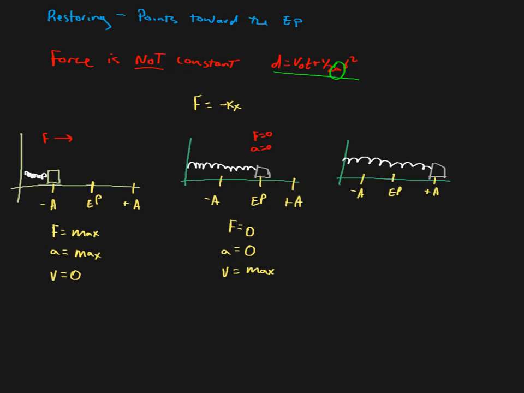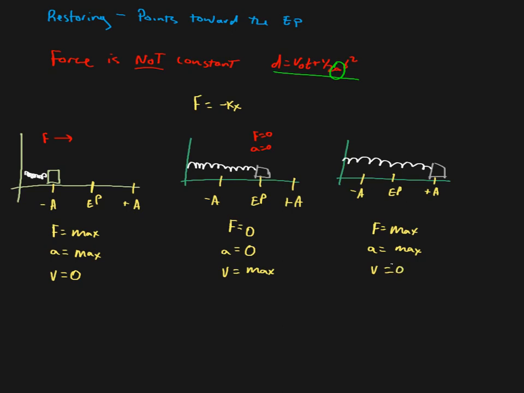At this location, what do we know about the force? Well, the force is going to be at a maximum. The acceleration will be at a maximum. It looks exactly like being at the minus amplitude. And the velocity is equal to 0 because once again we are at a turning point.